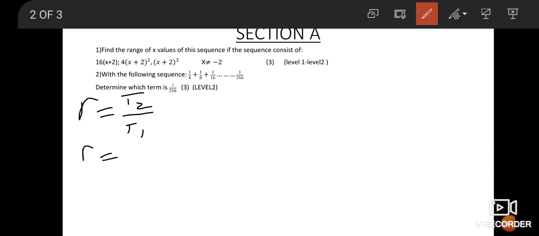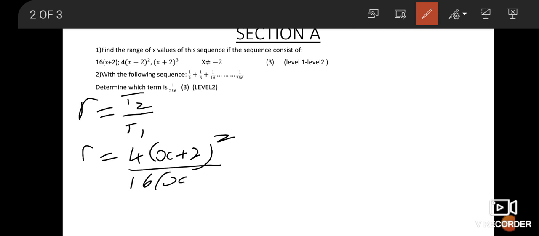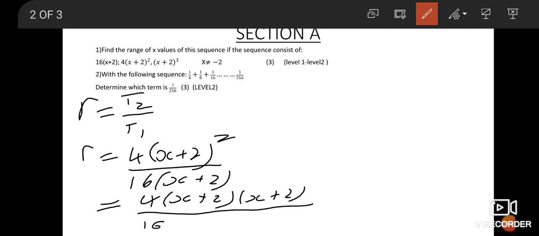Let me say r equals, as written here, x plus 2 squared over 16 x plus 2, which is similar to x plus 2, x plus 2 over 16 x plus 2. Now that we got that, we know that these two will cancel out and this will become a quarter.